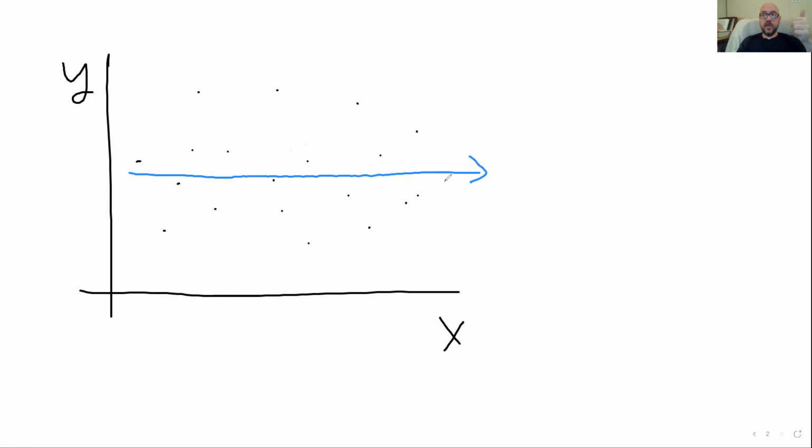So if the parameter or population regression line was drawn, it would have a slope of 0 if X and Y are uncorrelated. So that's why we're testing to see if beta and rho are 0. They have the same meaning, right?